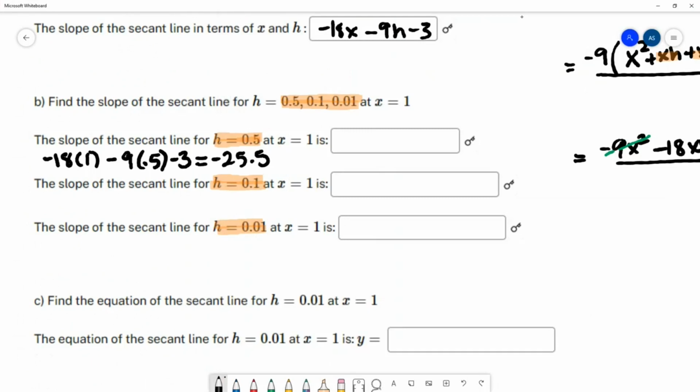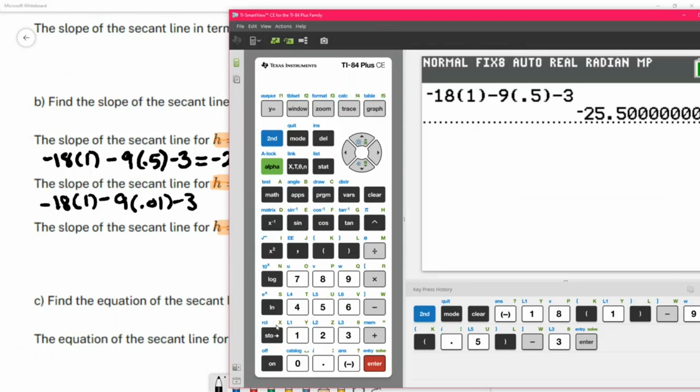For the next one, we'll substitute x equals 1 and h equals 0.1. We have negative 18 times 1 minus 9 times 0.01 minus 3. Let's type that in our calculator.